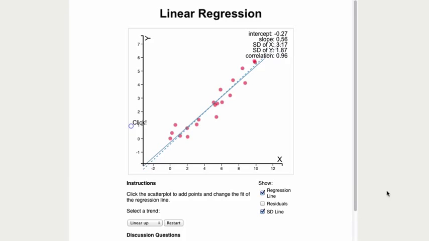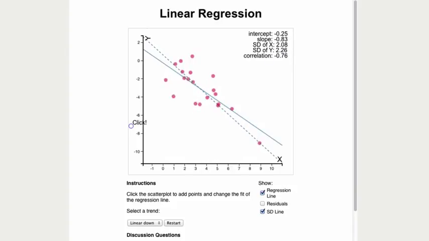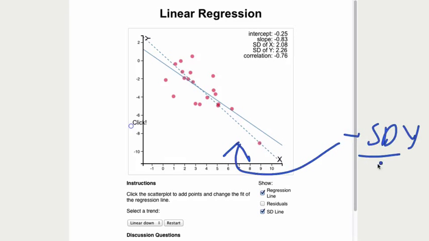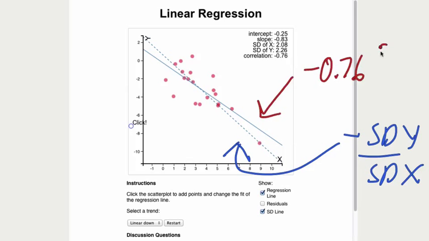Okay, let's take a look at an example in which the correlation is weaker. As you can see, the correlation is negative 0.76, which is weaker than 0.96. In addition, the slope of the dotted standard deviation line, negative SDY over SDX, is steeper than the slope of the regression line, which is negative 0.76 times SDY over SDX.